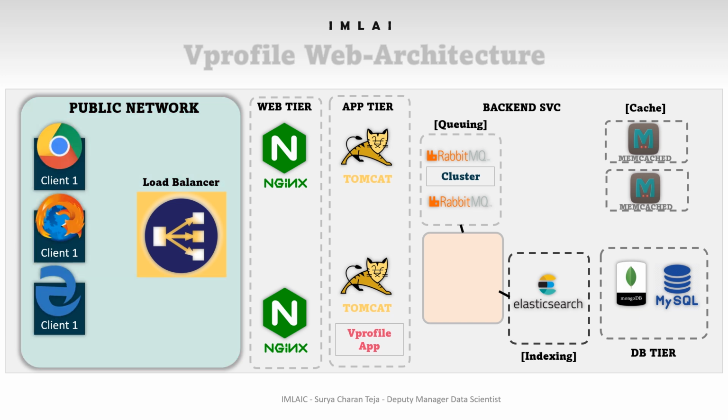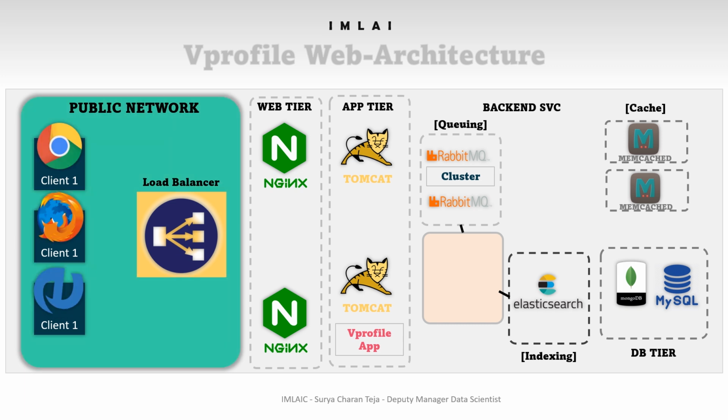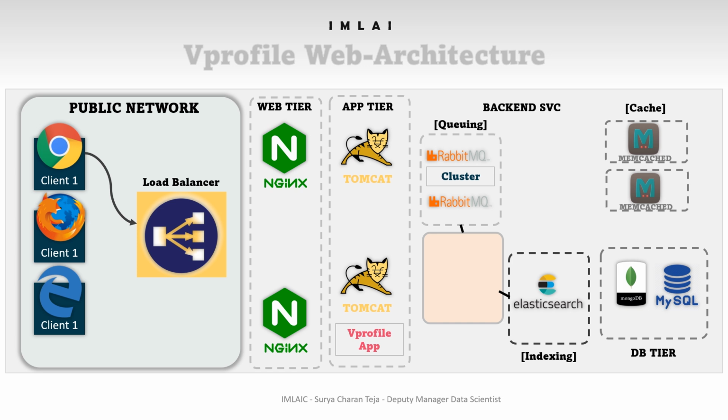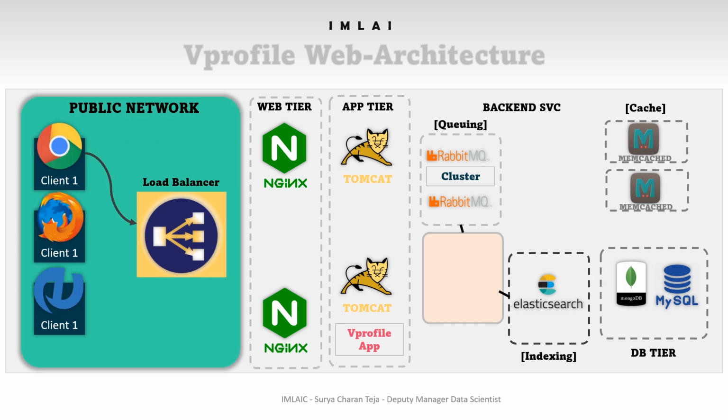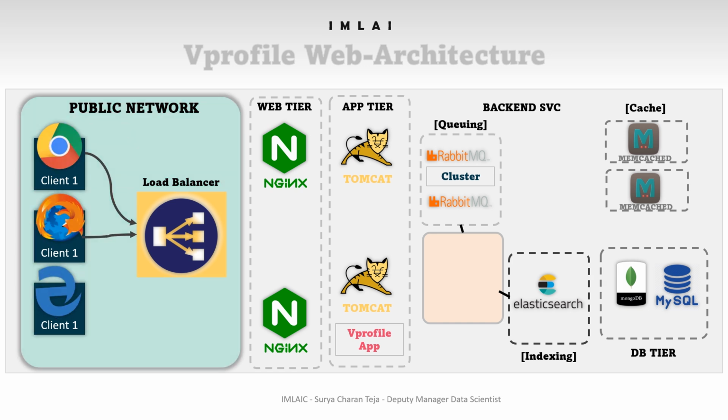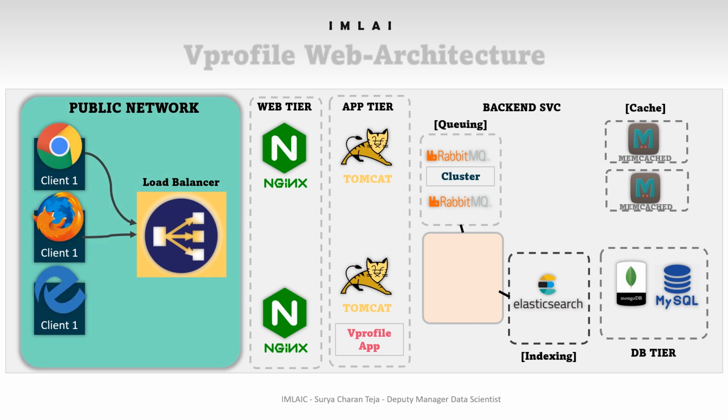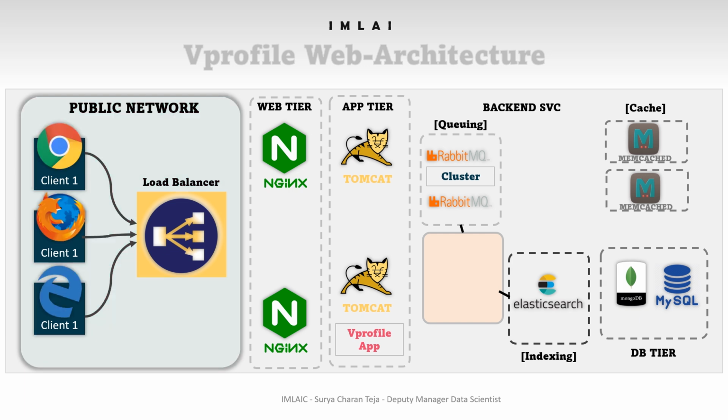Normally this load balancer will be connected to the public network. A load balancer acts as the traffic cop sitting in front of your servers and routing client requests across all servers capable of fulfilling those requests, in a manner that maximizes speed and capacity utilization and ensures that no one server is overworked, which could degrade performance.